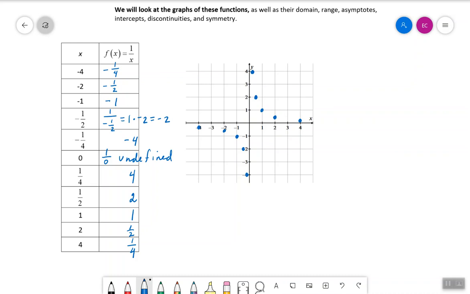Notice that the two pieces of the graph, the piece over here in the bottom left and the piece over here in the top right, don't connect together. There's a gap in between them because there is no point at x equals 0, because when x equals 0, the function is undefined. So what does the graph do as it gets close to 0?